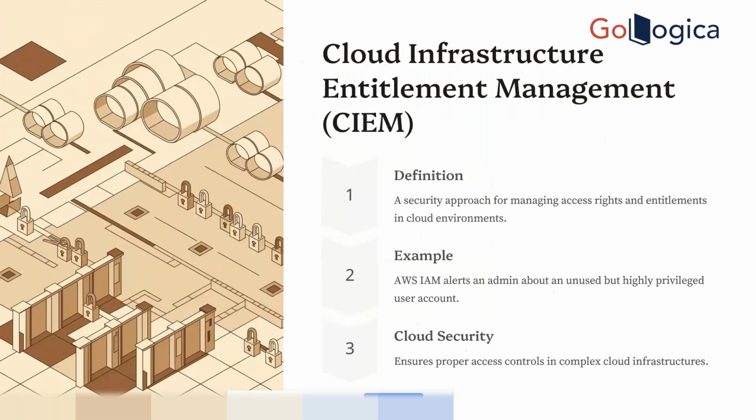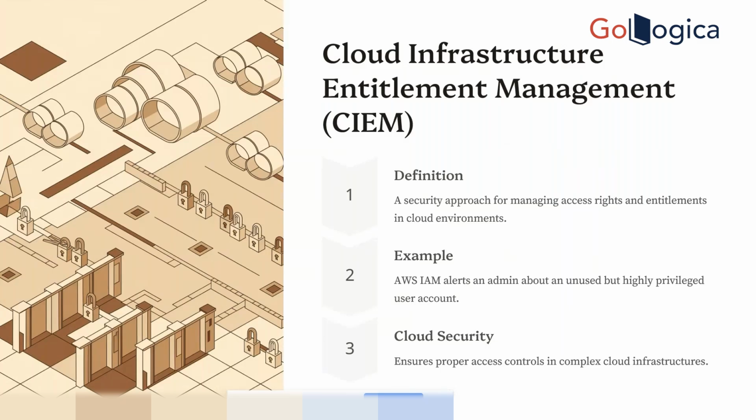Now there is one more major term that comes into the picture: cloud infrastructure entitlement management. We call it CIEM. CIEM, CIAM, these all have a complete posture; these are the complete IAM postures through which industries are running.